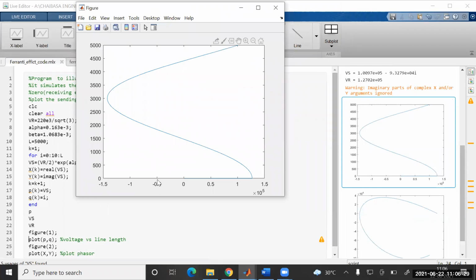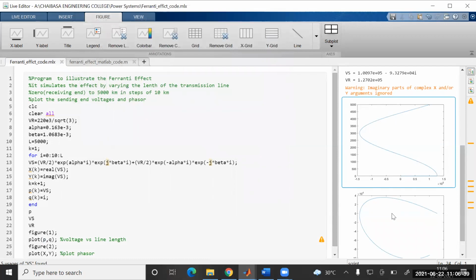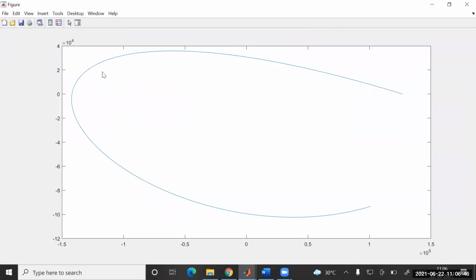See how it has been increasing. It will be 0, then over here it is 1, then it keeps incrementing, and this is the entire flow. This is the entire figure of your phasor. This is how your phasor looks.